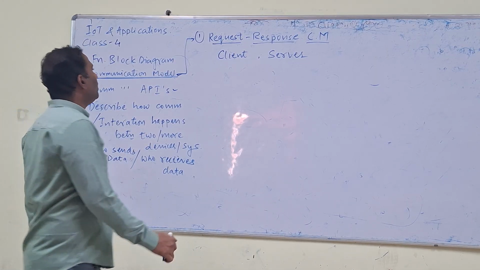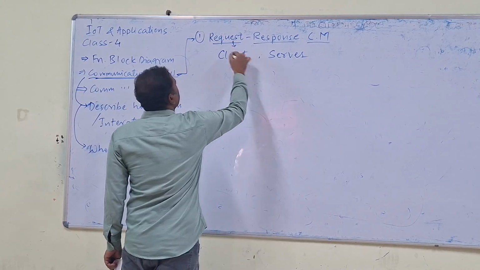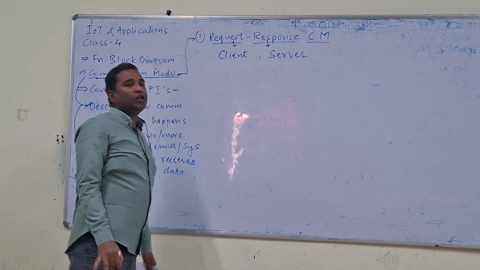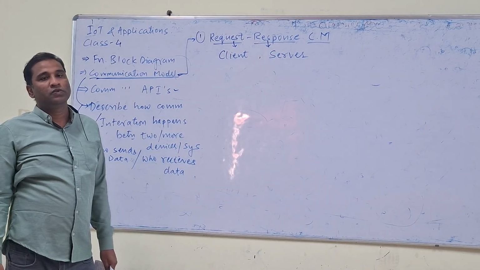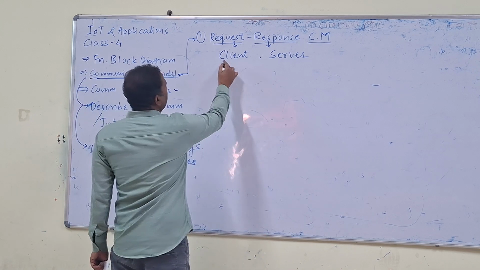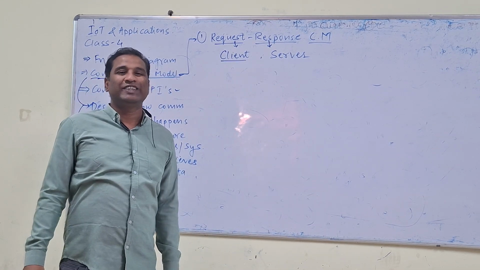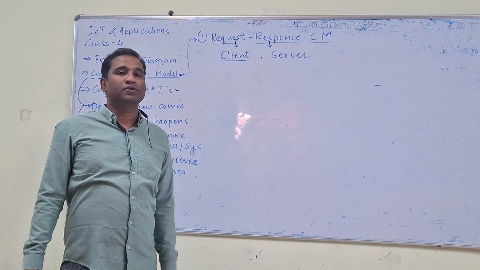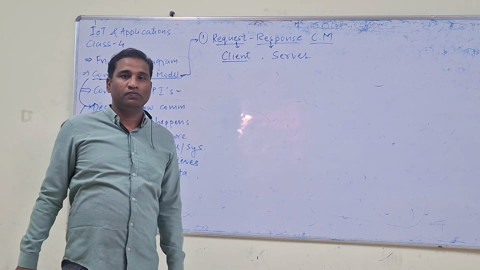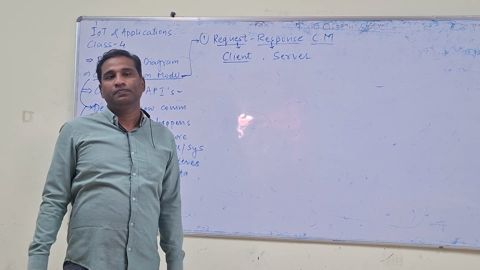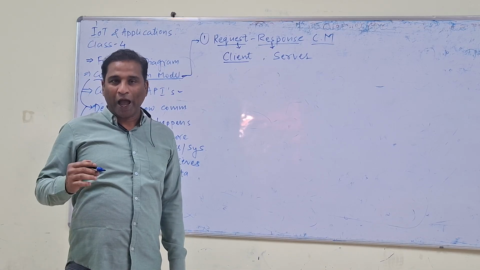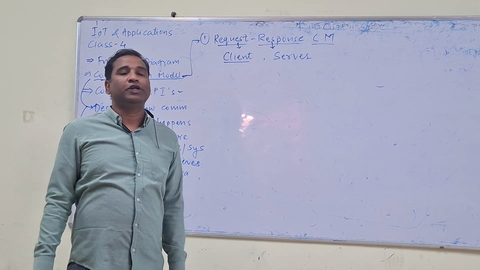As the name itself indicates, one is sending the request, another one is sending the response. Here, the client always sends the request. The client has to initiate the communication.